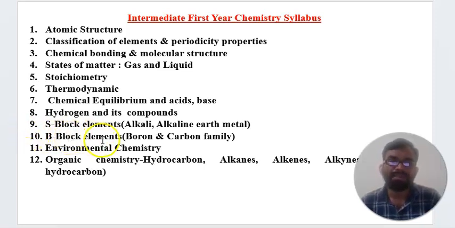Tenth is P block elements, meaning the boron and carbon family. The eleventh is environmental chemistry, and the twelfth is organic chemistry, like hydrocarbons, alkanes, alkenes, alkynes, and aromatic hydrocarbons. These are the 12 topics from intermediate first year chemistry for the NEET exam syllabus.